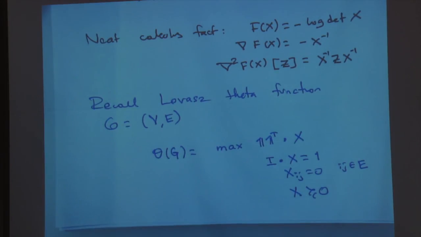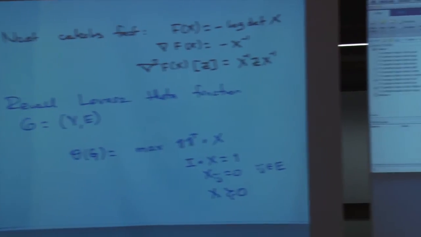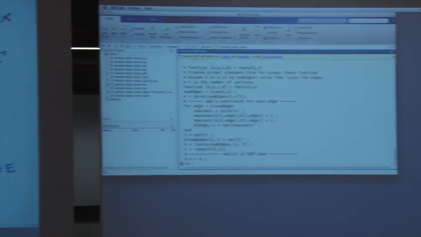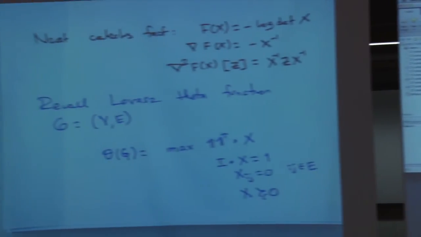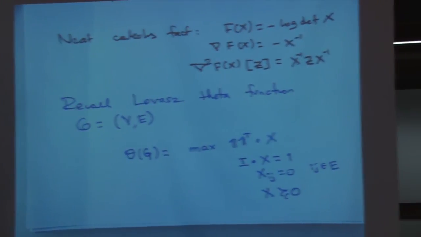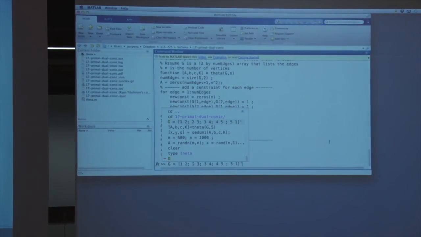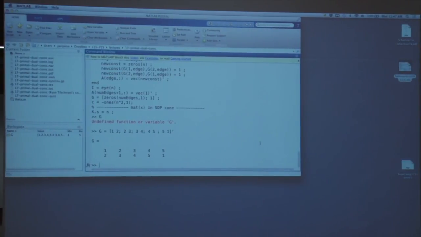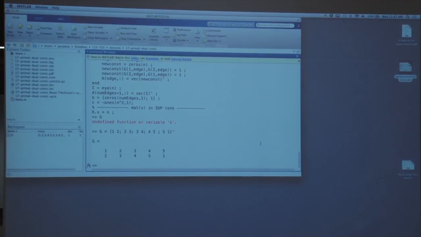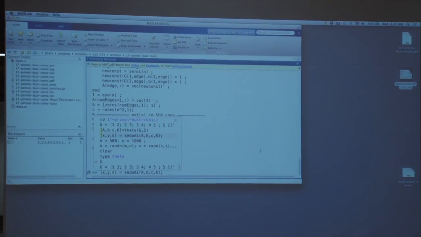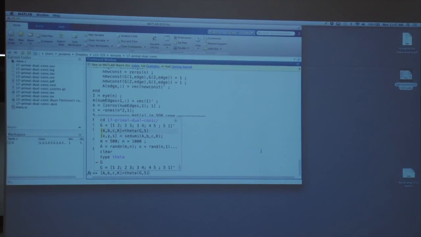This is a little code that, given a graph G, defines A, B, C, and K, so that you can solve this semi-definite program. For example, if G is that graph, so those are the edges of G, then when I do this, it constructs the semi-definite programming instance.